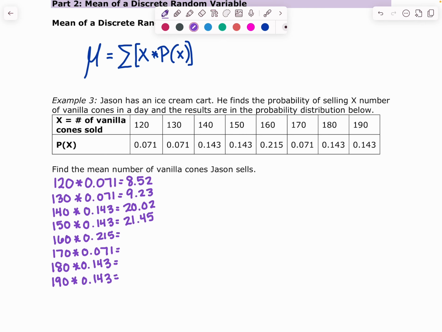The products come out to 8.52, 34.4, 12.07, 25.74, and 27.17, among others. So I've done all of those multiplications, and now I'm going to take all of these answers and add them together.